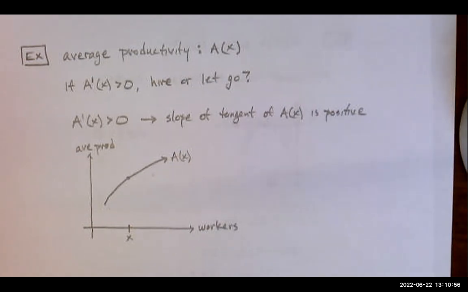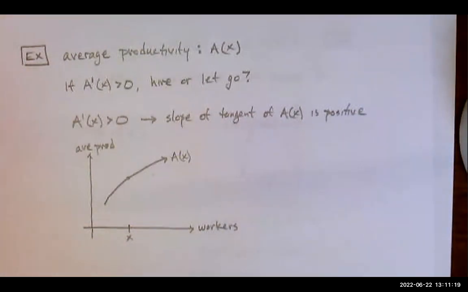So then the question is, if that's true, should this company hire more workers or should they let some go? You think, if they hire more workers, it could be that the average productivity goes up for everyone.